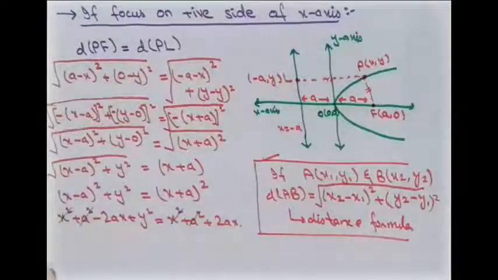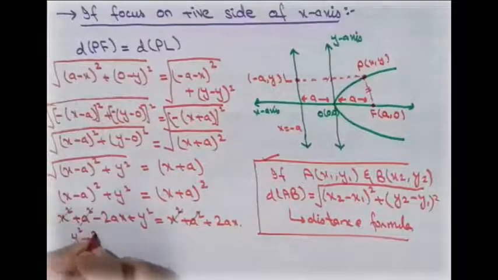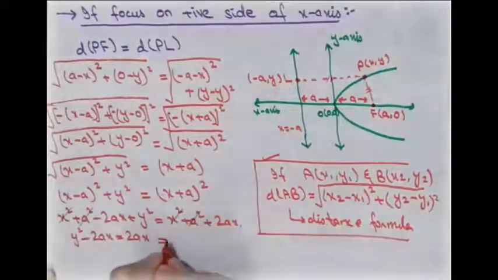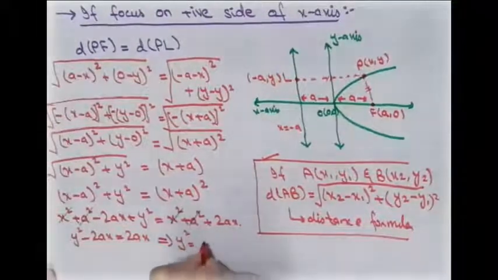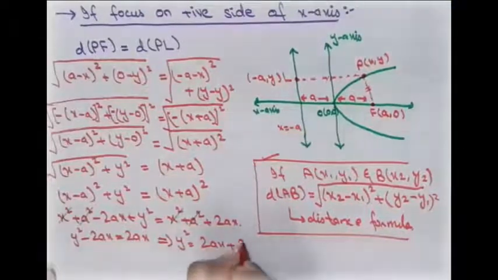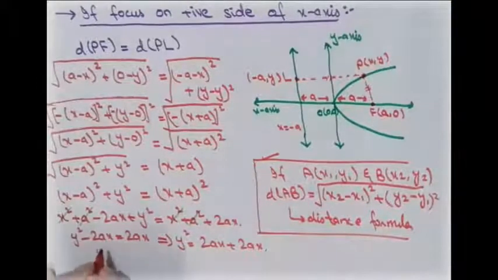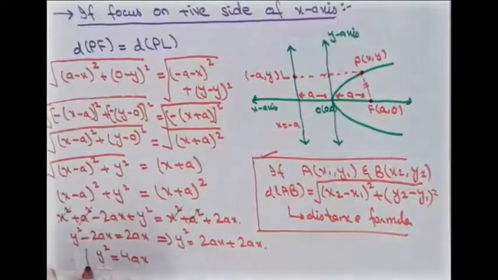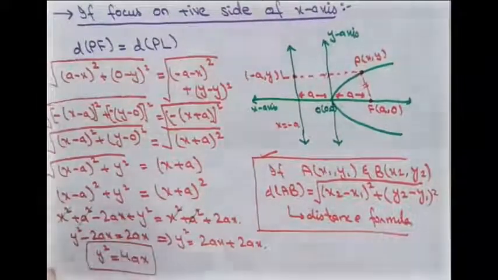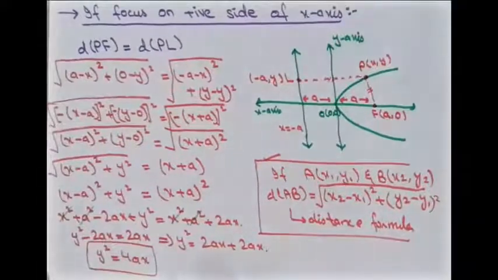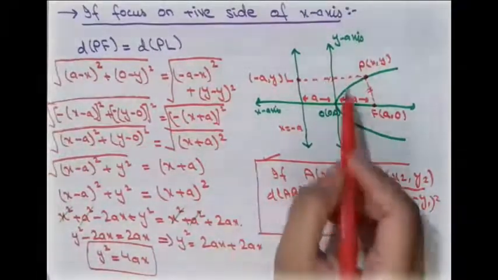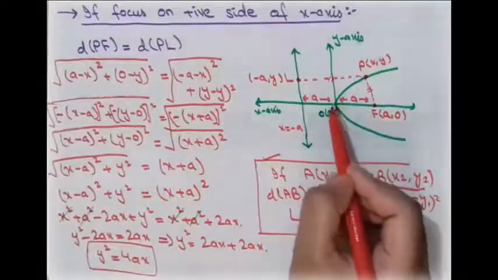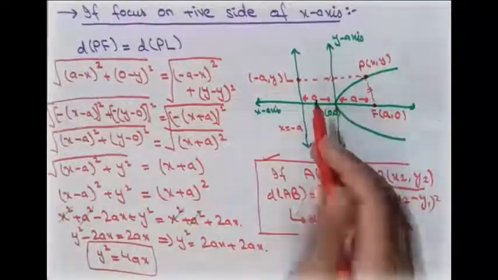Y square minus 2ax equals 2ax, which implies y square equals 2ax plus 2ax. In the next step, finally we derive the standard equation of a parabola, when the focus is on the positive side of the x-axis and the parabola opens to the right side.